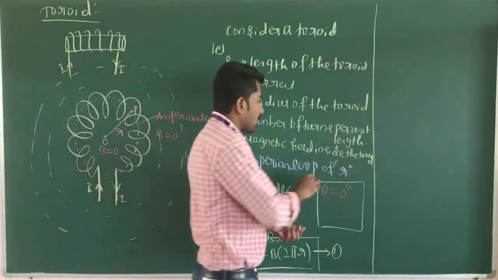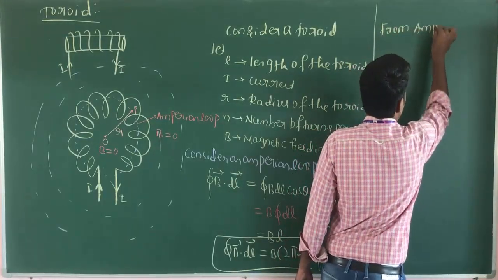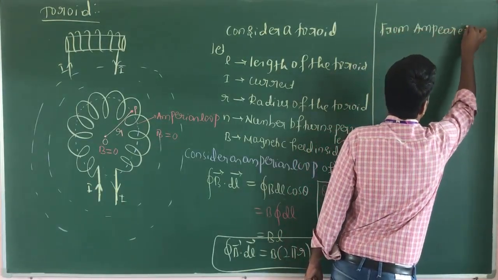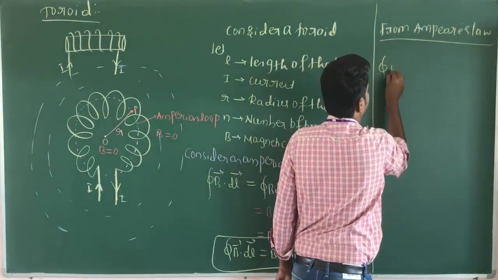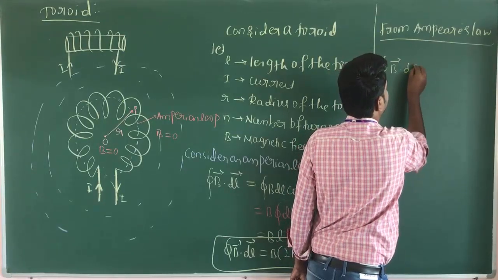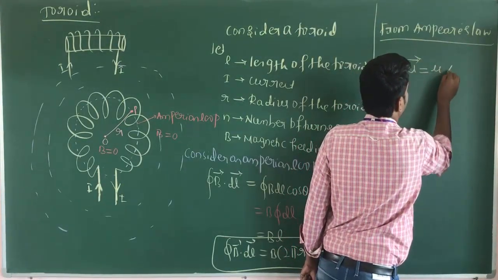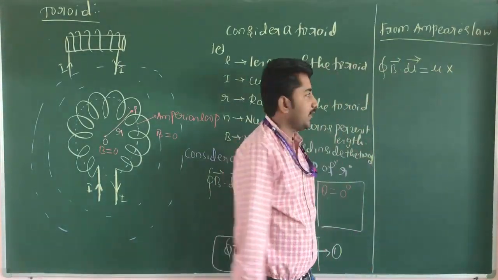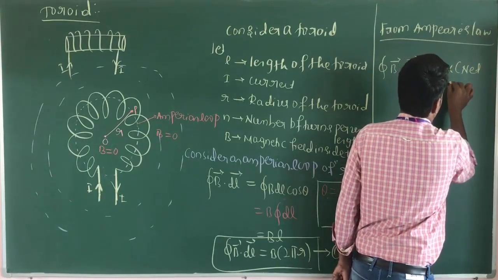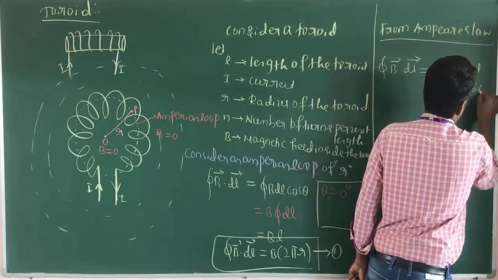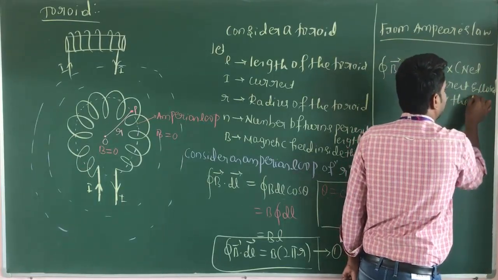From Ampere's circuit law, we know the equation: the line integral of the magnetic field is equal to mu naught into the net current enclosed by the loop.